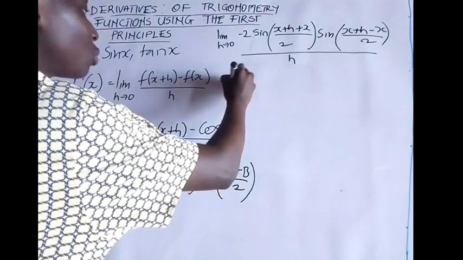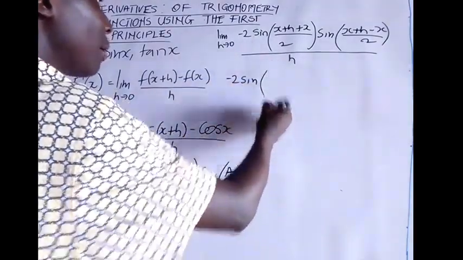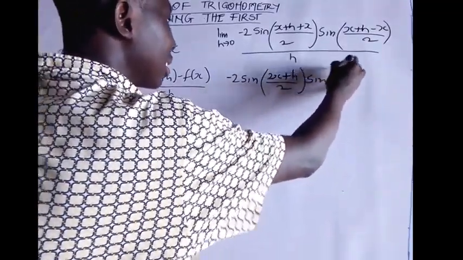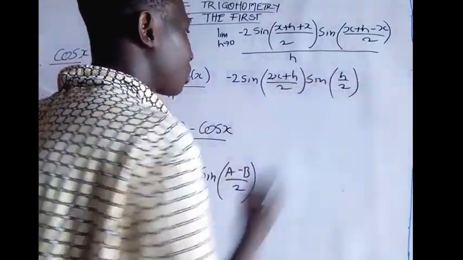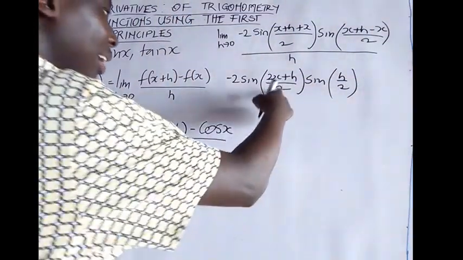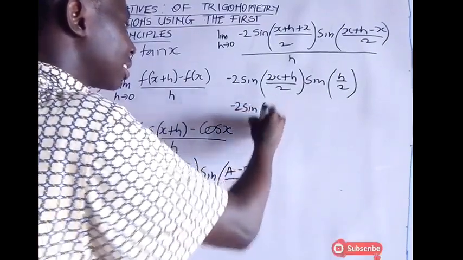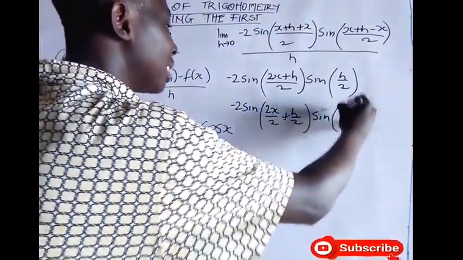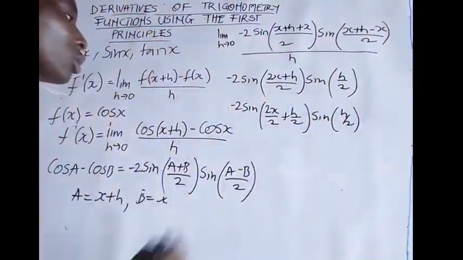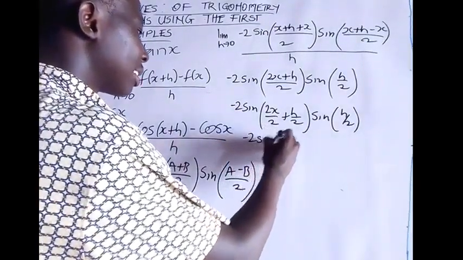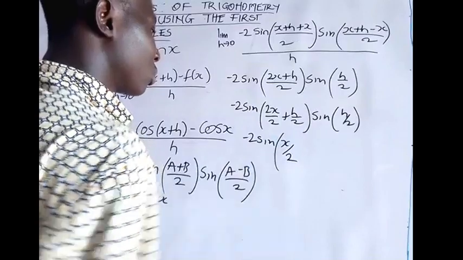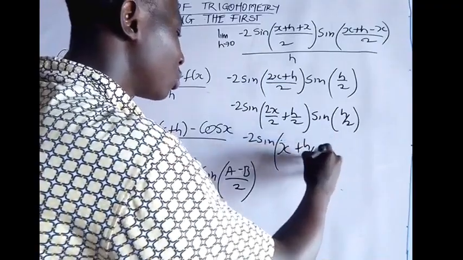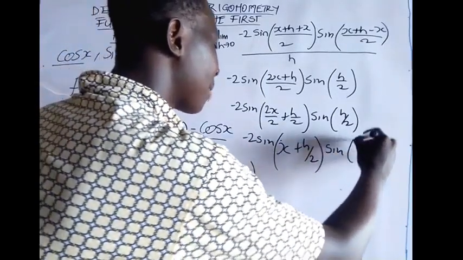So we get negative 2 sine of 2x plus h all over 2 sine h over 2. And then with this one, we can write this as minus 2 sine of 2x over 2 plus h over 2 sine h over 2. So we now get minus 2 sine of, sorry, this cancels this, we have x plus h over 2 sine h over 2.